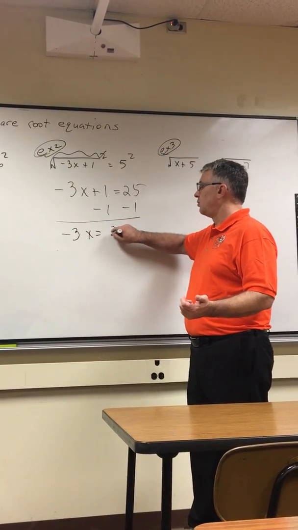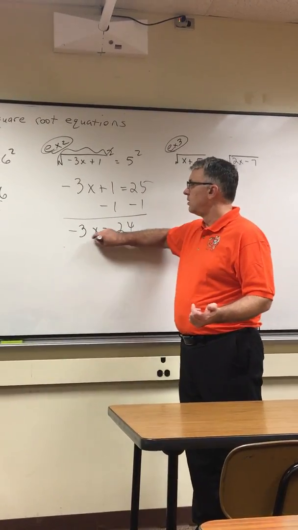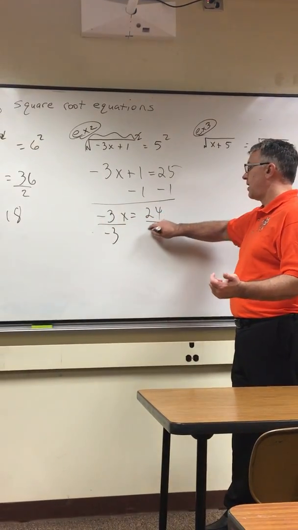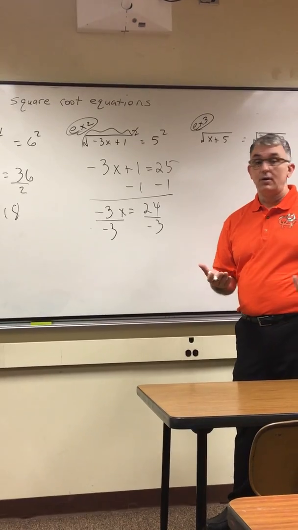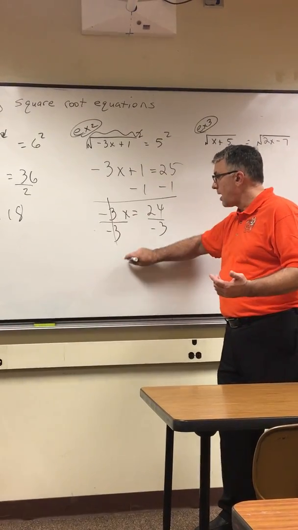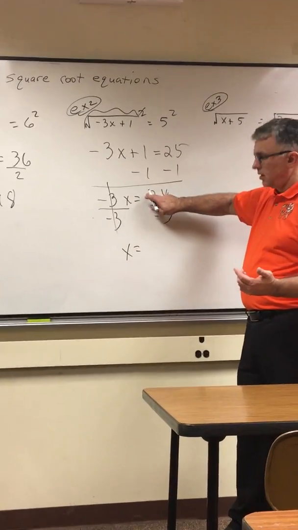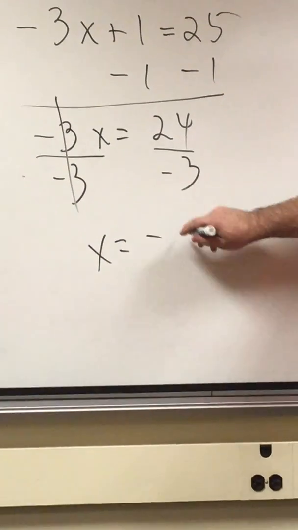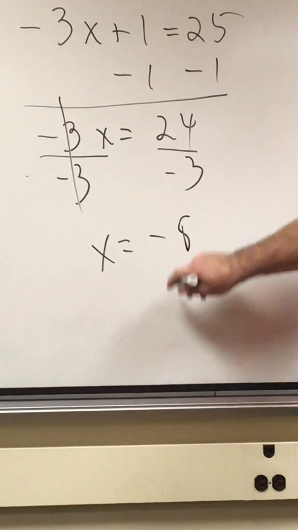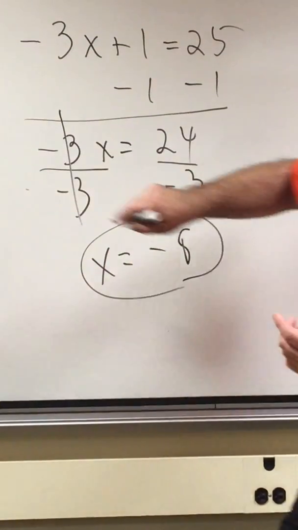Negative 3x equals 24. Divide by negative 3, divide by negative 3. I'm just using opposite operations. Not trying to complicate things here. Positive divided by a negative. 24 divided by 3, 8. All right?